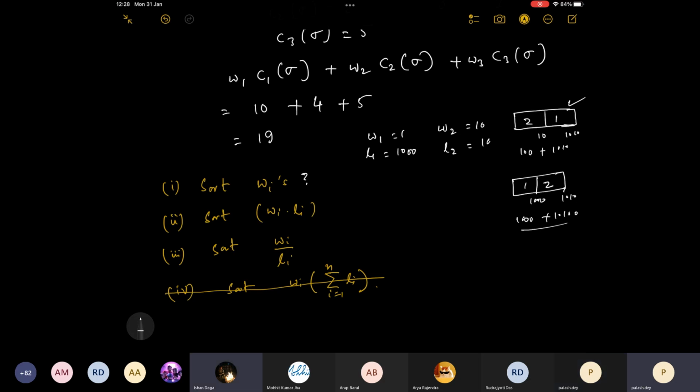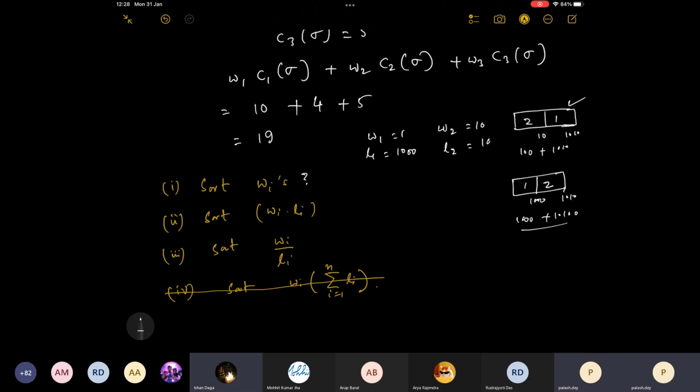But in the case where we have a lot more jobs, say 100 jobs, and a lot of jobs have a high weight but take a very small amount of time, they would likely take up a lot of time, and then we would start doing the job which takes the longer time. But are you saying that this is not correct?